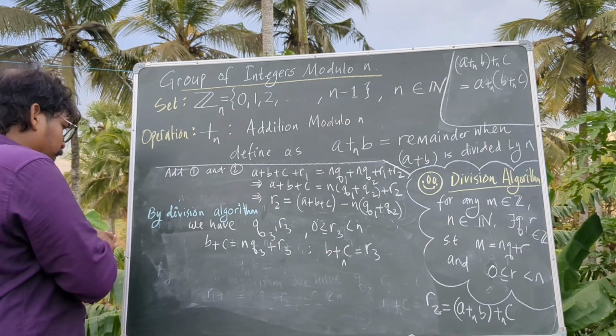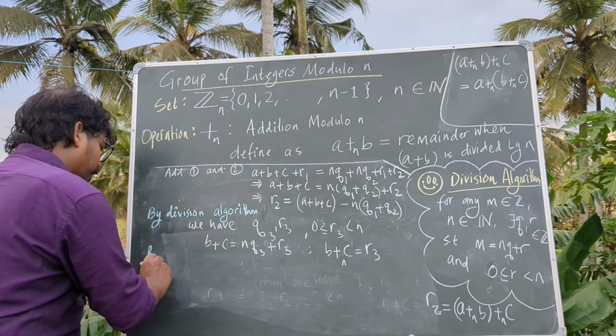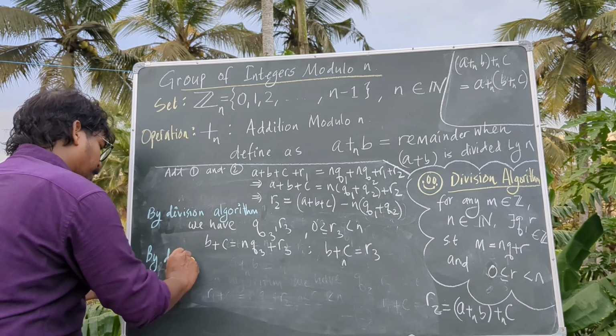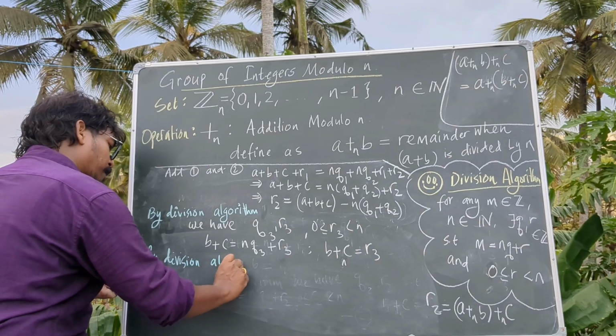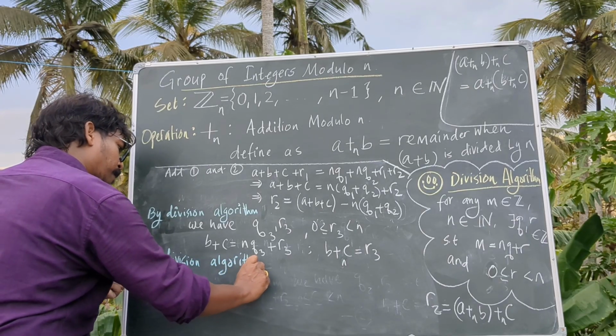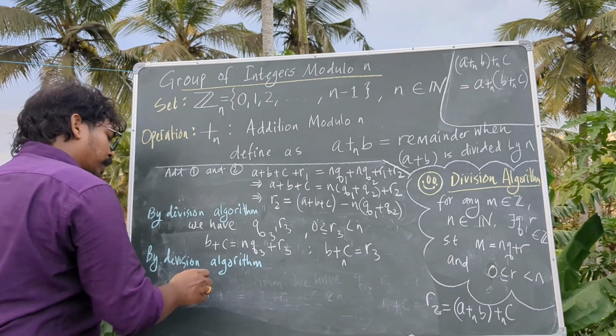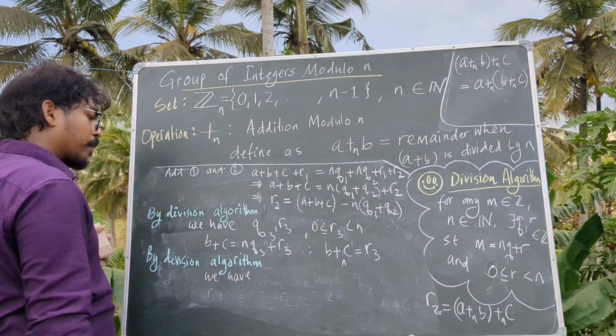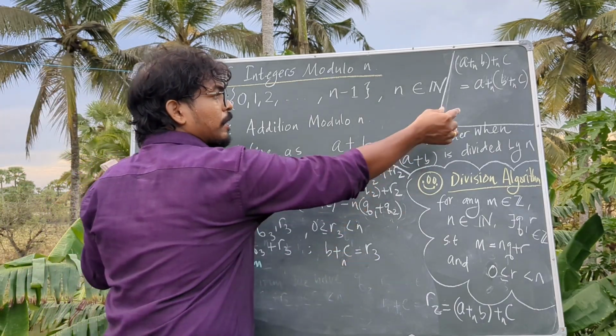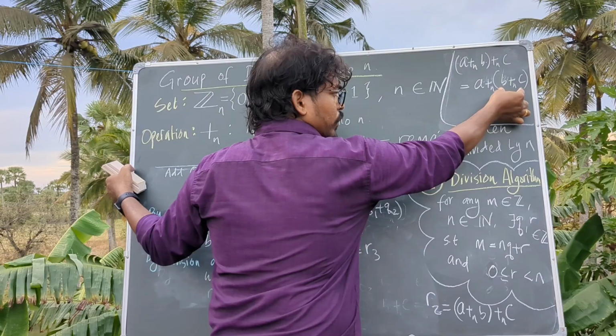Again we will use the division algorithm once more. See, this one is R3.